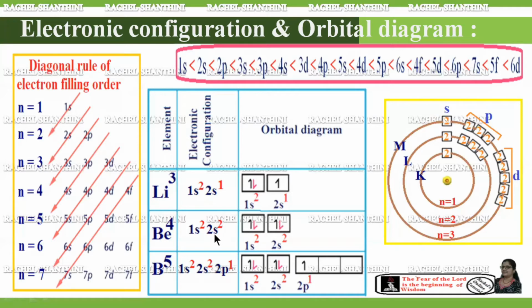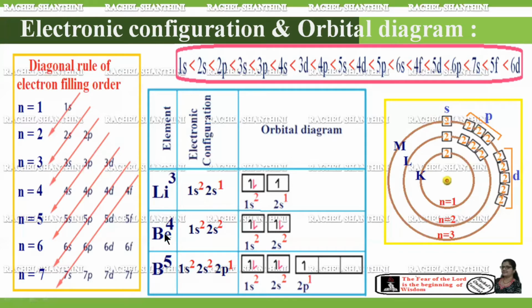And very well we know that each suborbital can accommodate the maximum of 2 electrons, right? So 2 electrons in 1s orbital and the remaining 2 electrons will be there in the 2s orbital. So what is the electronic configuration of beryllium? 1s2, 2s2 in terms of scientific notation.